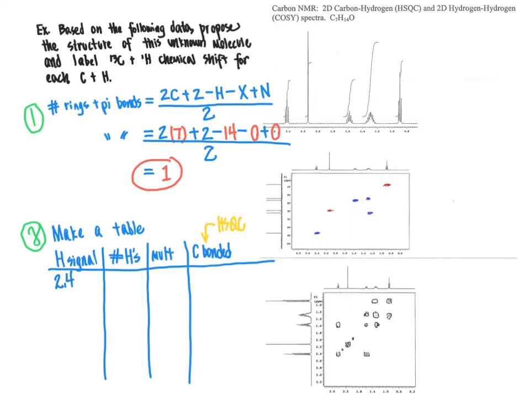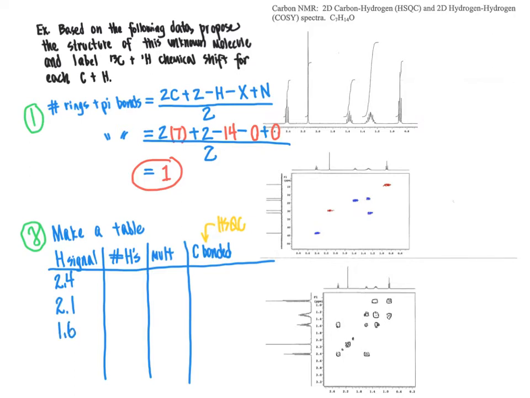Filling in the rest of the signals, working my way upfield, I see a signal here that's a little over halfway between 2 and 2.2, so I'm going to call that 2.1, just to round to 1 decimal place. You could add an extra decimal place in there, but it's not essential for purposes of our end game here, being to solve the chemical structure. Here we have a signal at about 1.6, so I'm going to round and put that at 1.6.